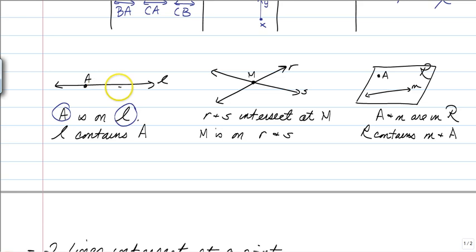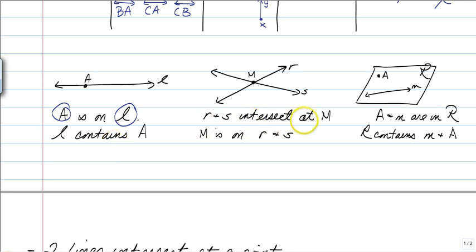So a way we can describe this picture is point A is on line L. But if it just says A is on L, because of the way everything is written, that's how you know that we are talking about a point on a line. Or we could also say L contains A, which means line L contains or has point A on it.